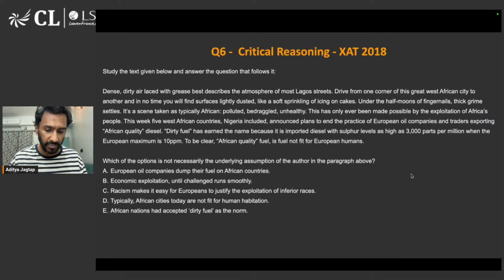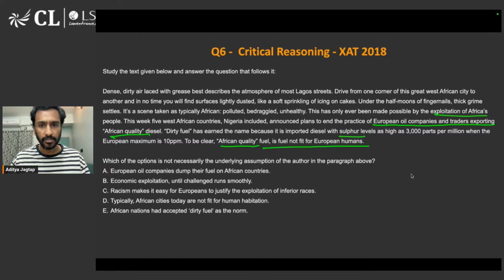This week, 5 West African countries announced plans to end the practice of European oil companies exporting African quality diesel. So the exploitation of Africa is through European oil companies exporting African quality diesel to them. Dirty fuel has higher sulfur levels, and African quality fuel is not fit for European humans. So there's an element of racism there. And also, we are told that this is clearly causing Lagos to have terrible air.